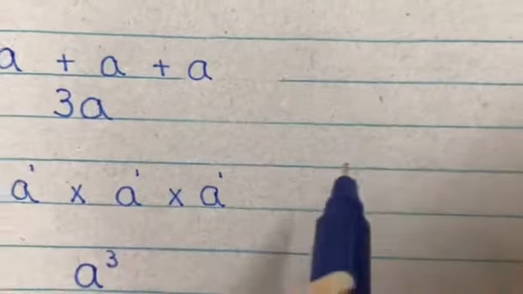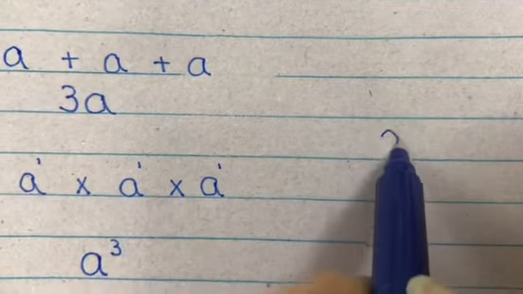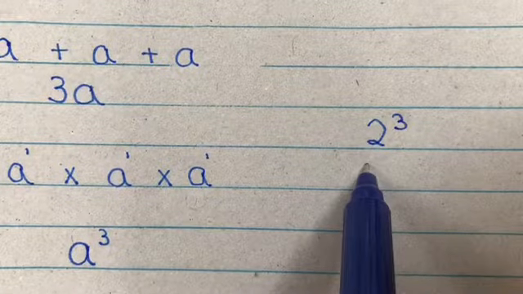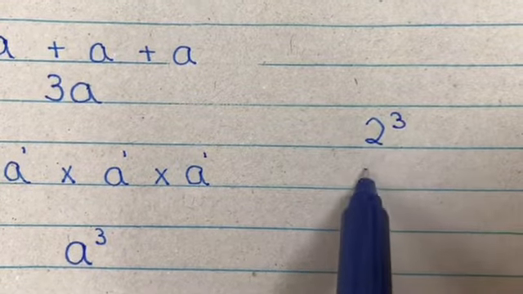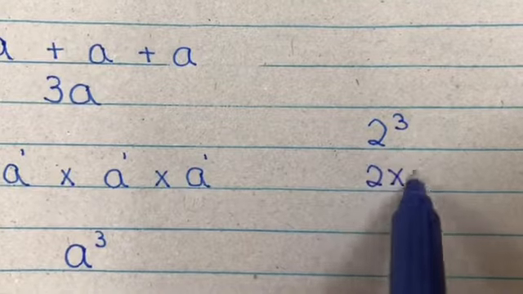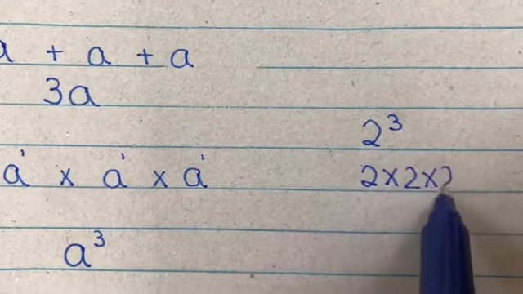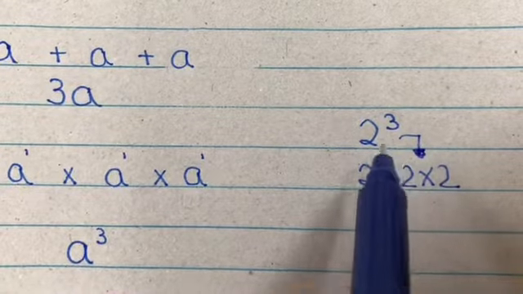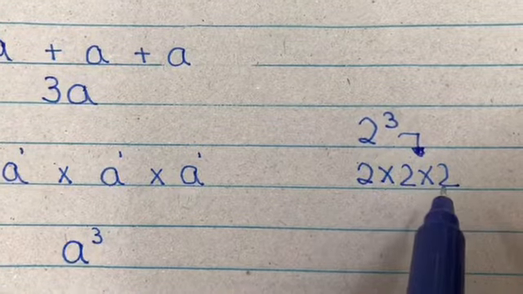Just like when you take out the squares and cubes, 2 cubed does not mean 2 times 3. It's 2 times 2 times 2. 2 cubed means 2 is being multiplied 3 times.